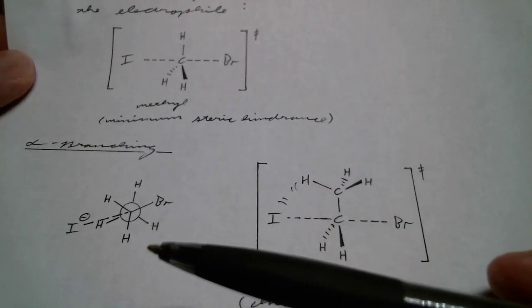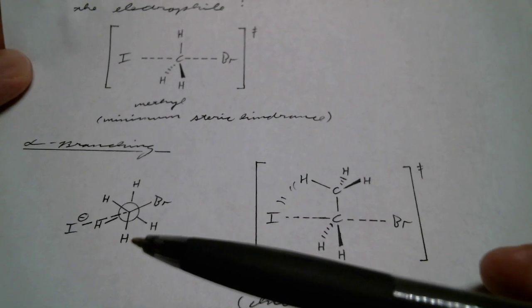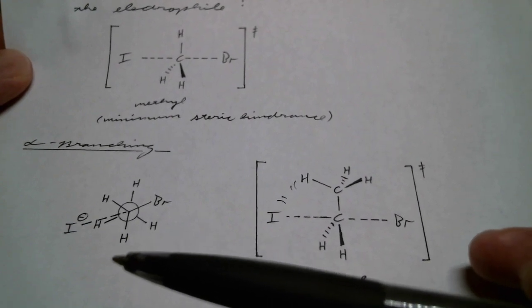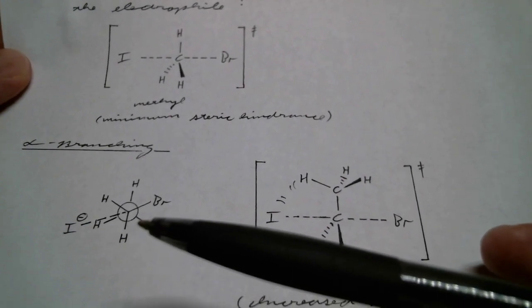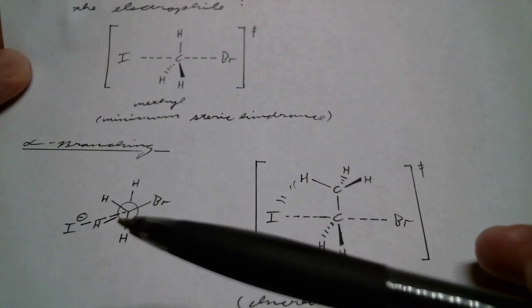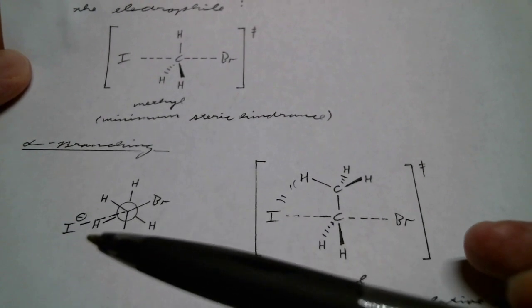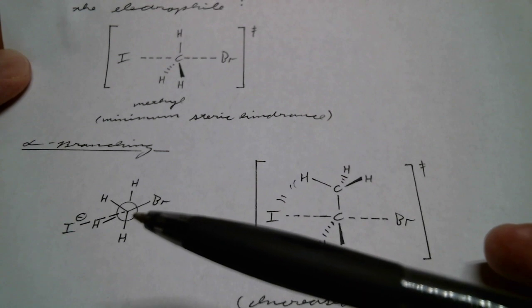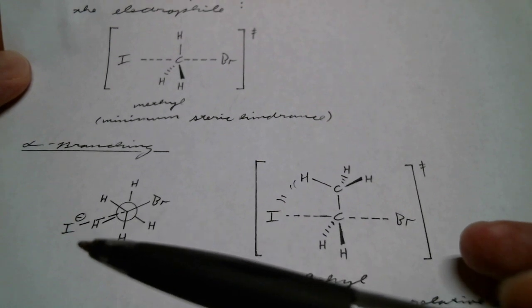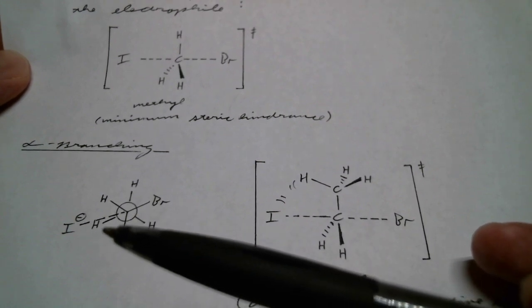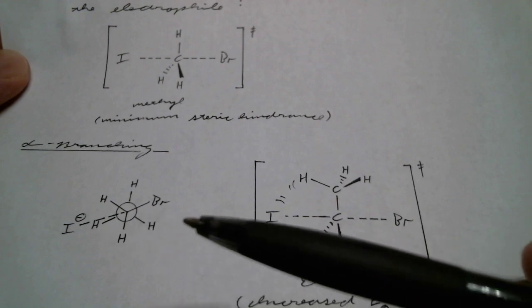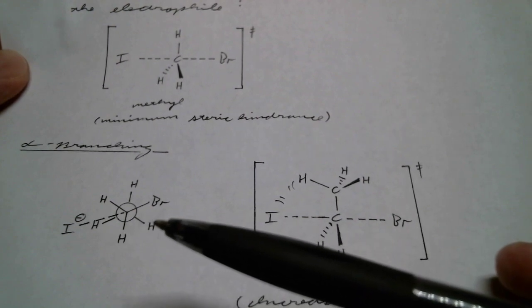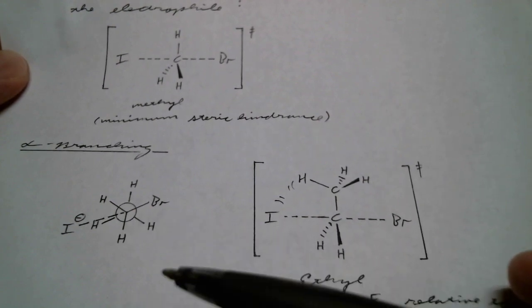What if now we have ethyl bromide? Well, in the most stable staggered conformation of our ethyl bromide, as our iodide comes into the backside of the carbon, it looks like it's going to be eclipsing the hydrogen on the methyl group in the back.